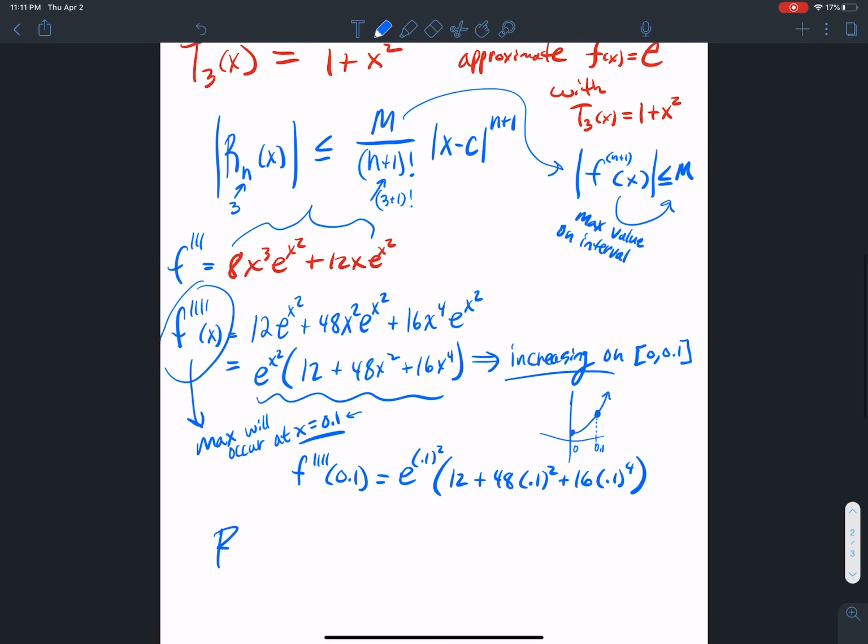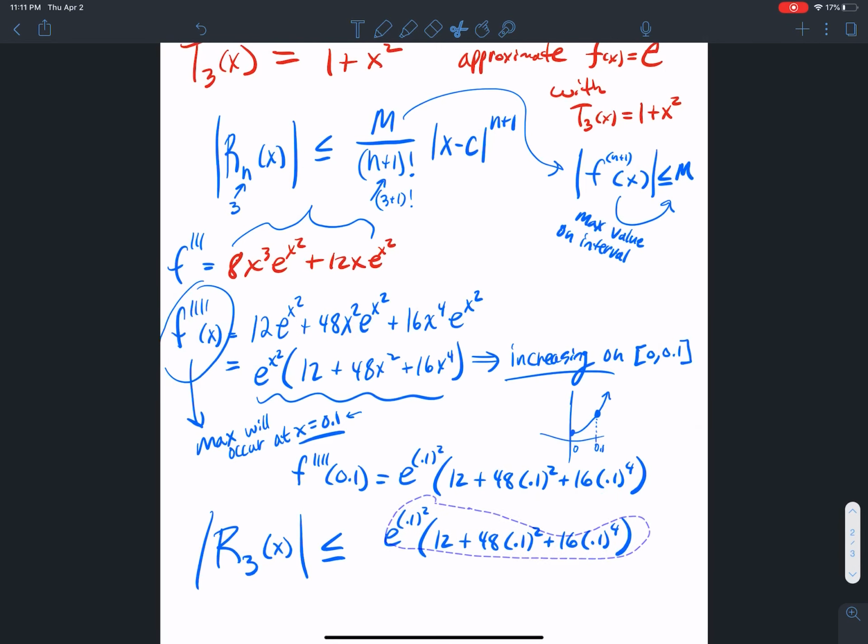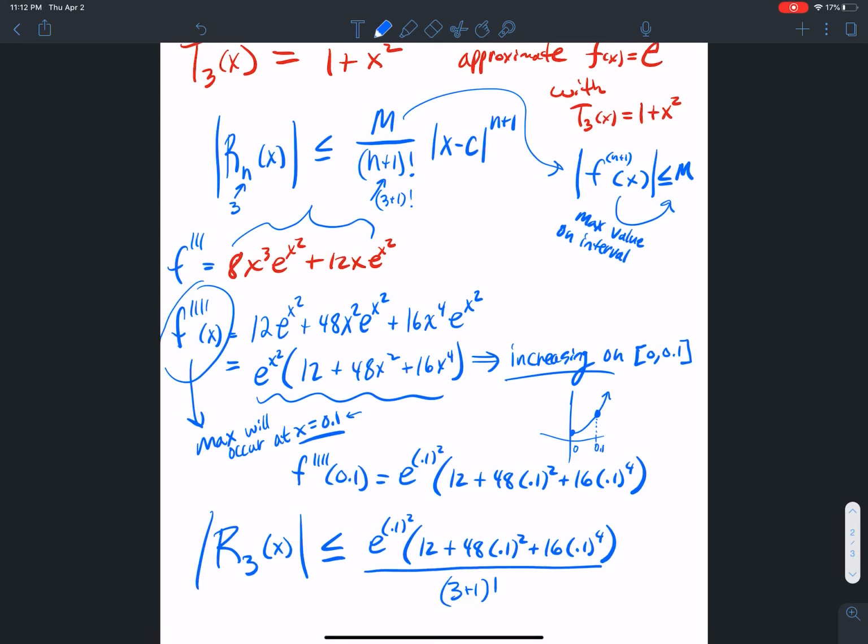So what do I have? R3 of x, absolute value, less than or equal to M, which is this nasty thing here. Okay, so it's this thing right here, divided by 3 plus 1 factorial, that's 4 factorial. And then what do I put in my absolute values?